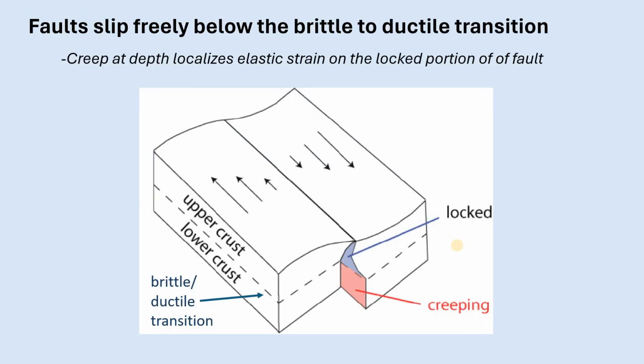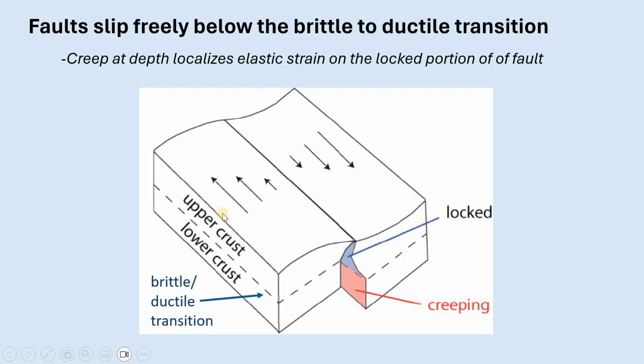One important idea about this is that faults are often thought of having two sections. So in the near surface, we might have the locked section that we just described. However, as you go to depth and the rocks and the fault become hotter, there's less friction essentially, and the fault is able to creep in a ductile fashion.